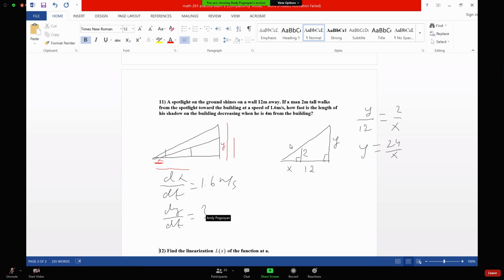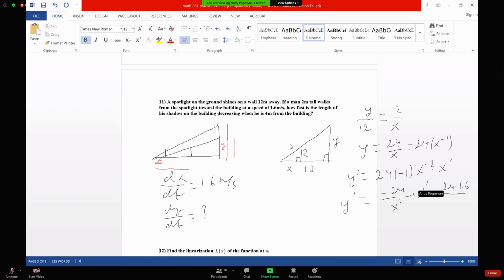Now take the derivatives. So you get y prime equals, so this is 24 times x to the negative 1. So you get 24 times negative 1, x to the negative 2 times x prime. So your y prime equals negative 24 over x squared times x prime, which is 1.6.